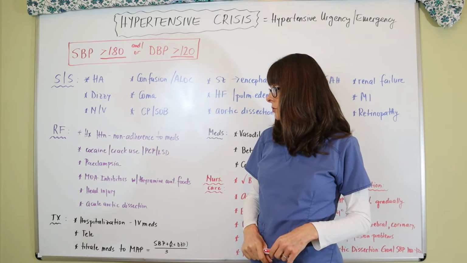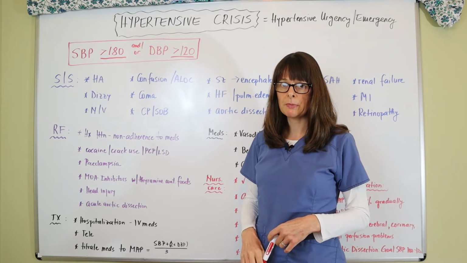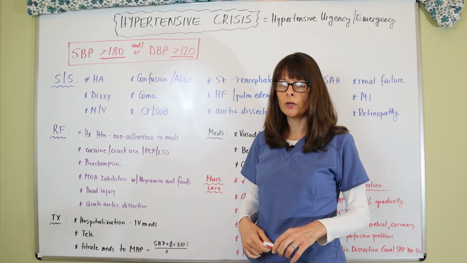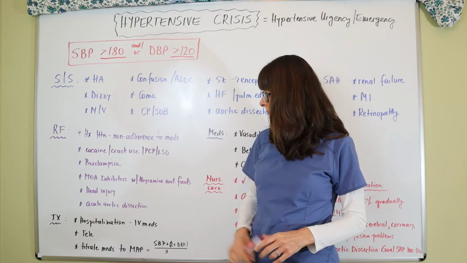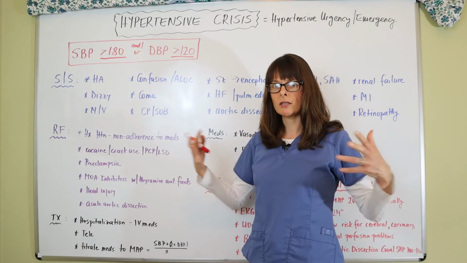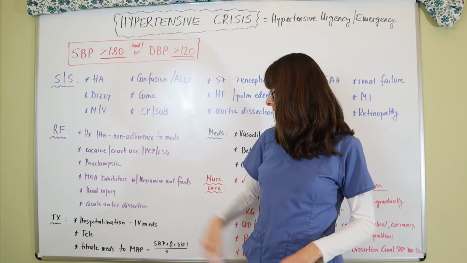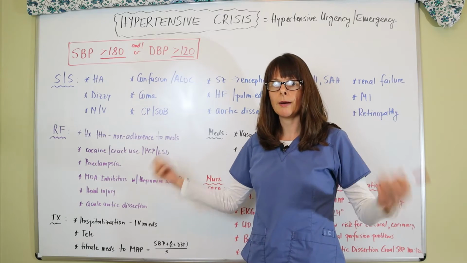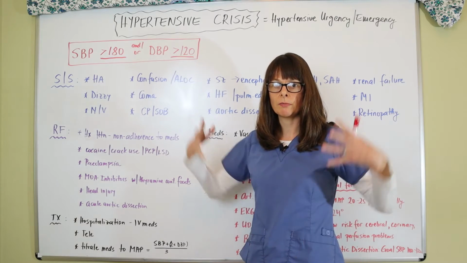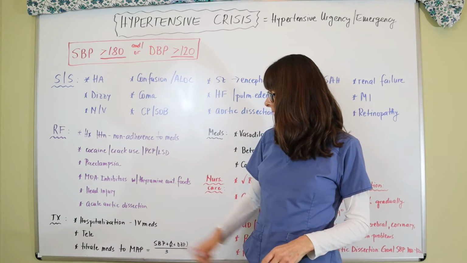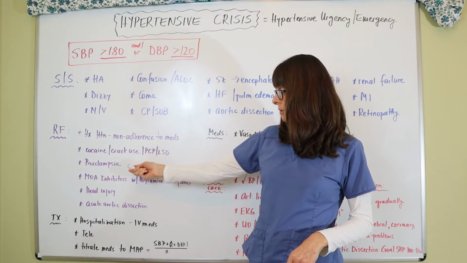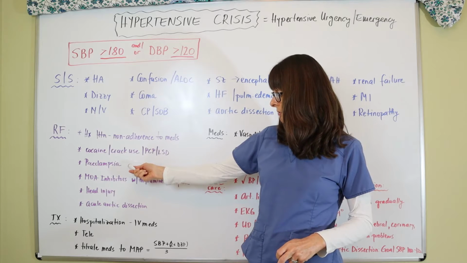Unfortunately, also drug abuse causes hypertensive crises, and drugs that are known to amp up the blood pressure are all the things that kind of cause everything to speed up, which is cocaine, crack, PCP, and LSD. So all the drugs that make the patient extra hyper. But also in the obstetric setting, preeclampsia can lead to a hypertensive crisis.